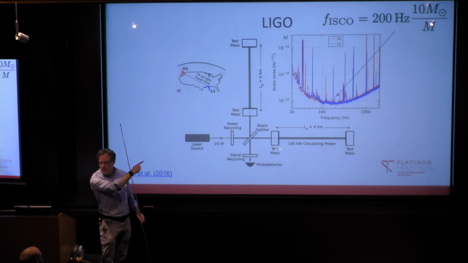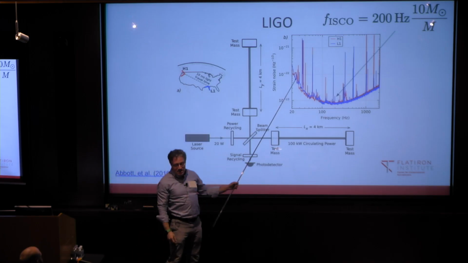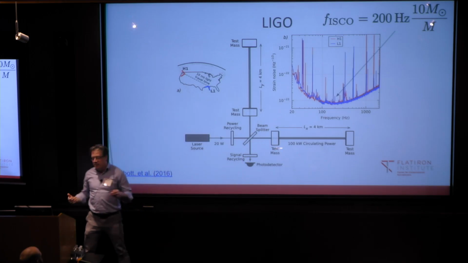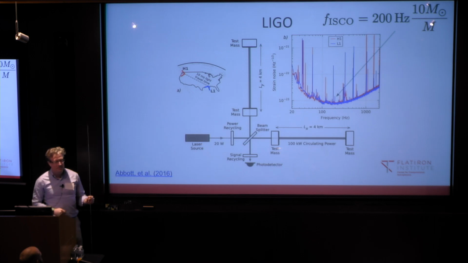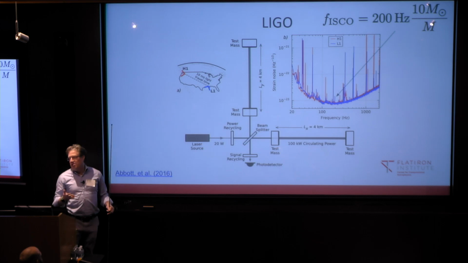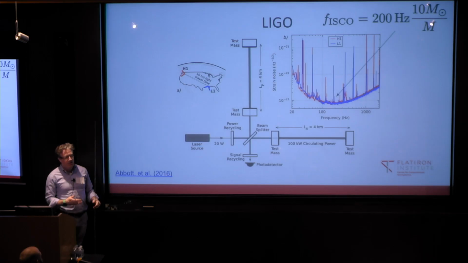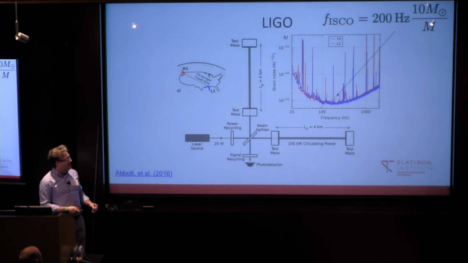It's 200 hertz. And it scales inversely with the mass because the Schwarzschild length scales with the mass, and they're moving at the speed of light. So LIGO is optimized to detect stellar mass objects doing their final cycles headed into merger.